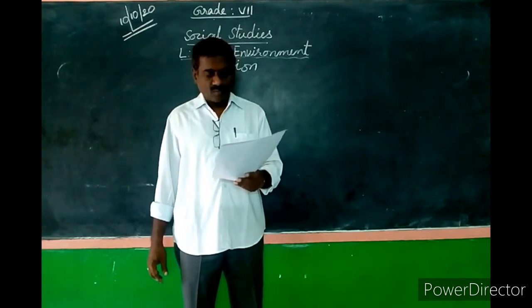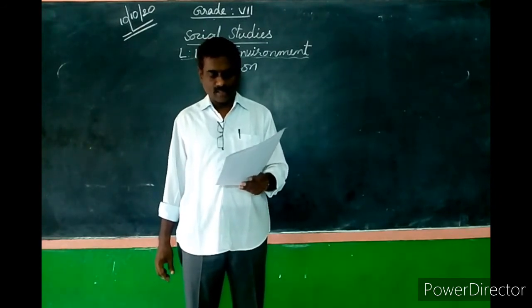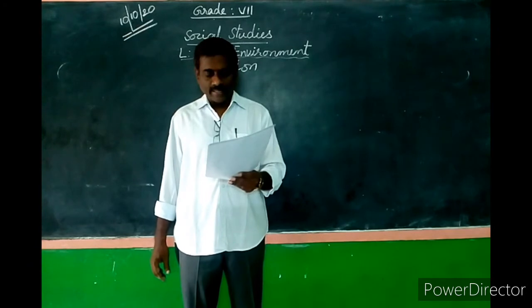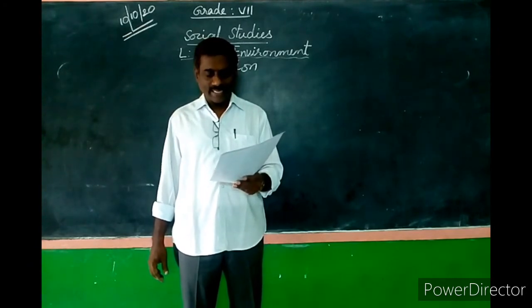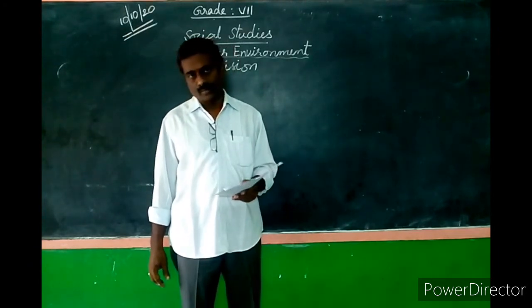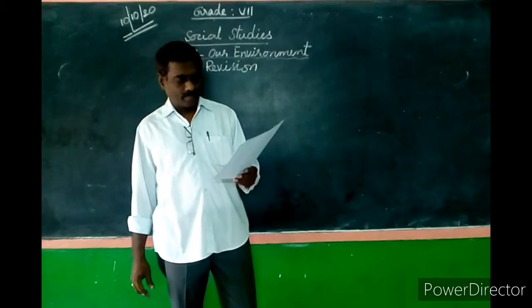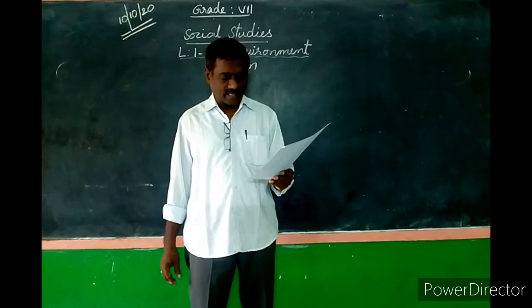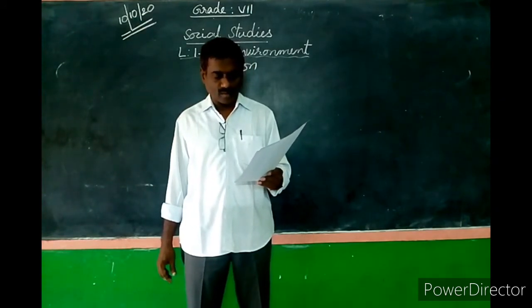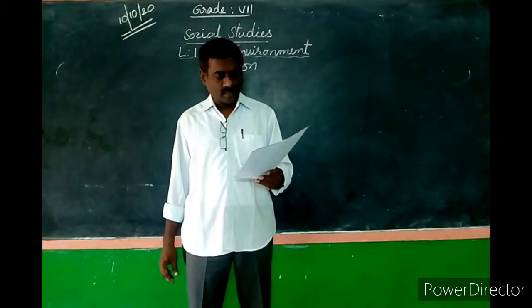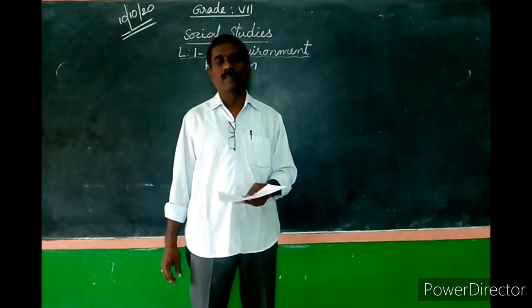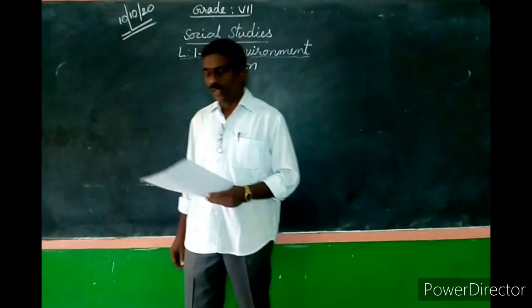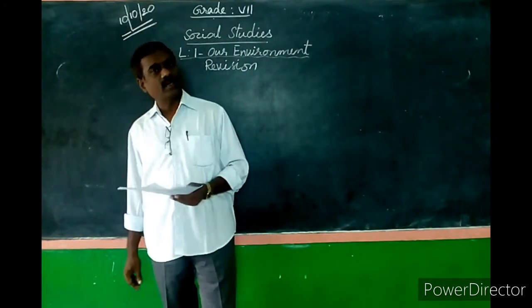Next, why did the Chipko movement take place? The Hindi word Chipko means clinging or embracing. The Chipko movement took place as a protest against the indiscriminate cutting down of trees in Alaknanda River Valley in Uttarakhand. In Uttarakhand, there is a river called Alaknanda.